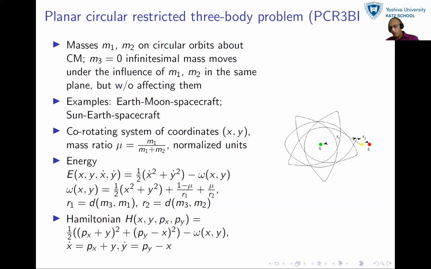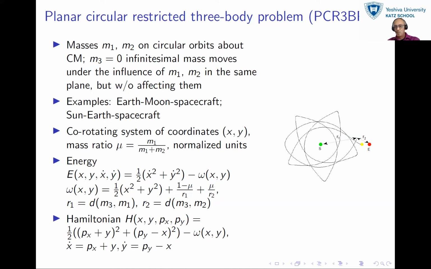From Kepler's laws, we know that the orbits can be circular or elliptic. So in the planar circular restricted three-body problem, we assume that the motion of the Earth around the Sun is circular. The other assumption is that the third body, which is the spacecraft, has a tiny mass and does not affect the motion of the Earth and Moon.